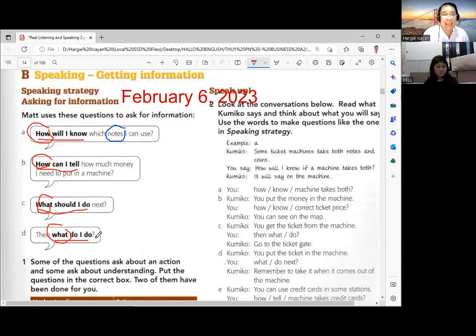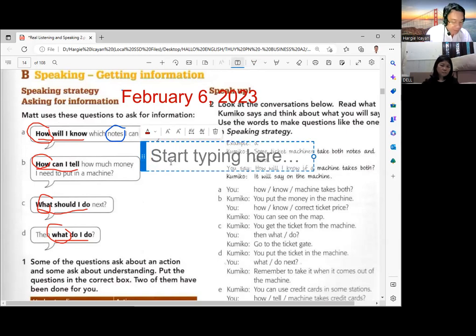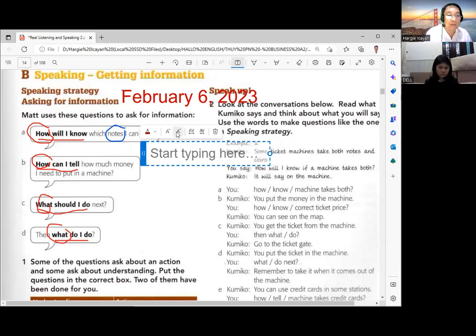If we are asking for how, that means we're asking for the manner on how to do that. If you're asking for what, you are also asking for what would be the next one, what you should do. Okay? So there would be the so-called further explanation for that.